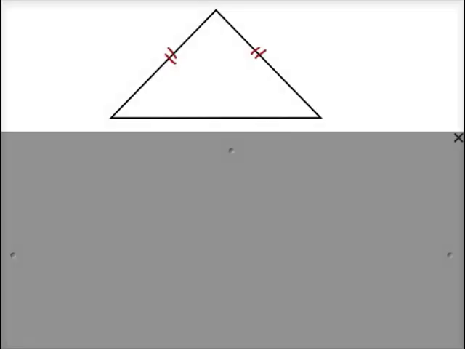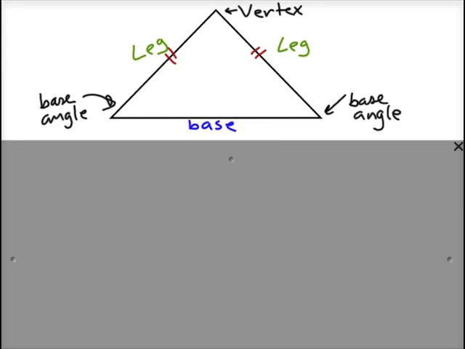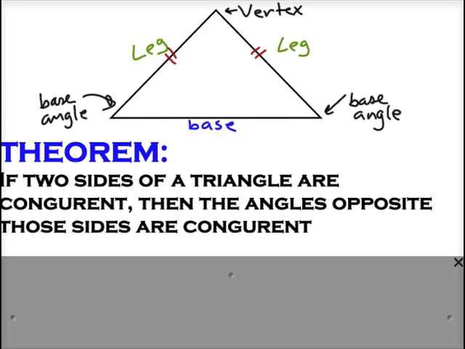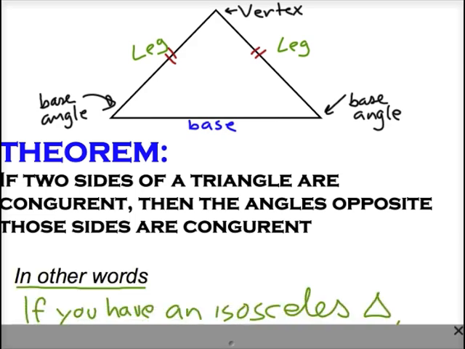So here we have another isosceles triangle. You can see the two legs are shown in red. We have the base shown in blue. The base angles are shown, the vertex is shown, and we have a theorem about isosceles triangles. That theorem says if we have two sides of a triangle congruent, in other words, if we have an isosceles triangle, then that isosceles triangle has congruent base angles.